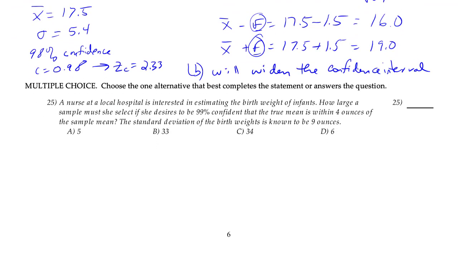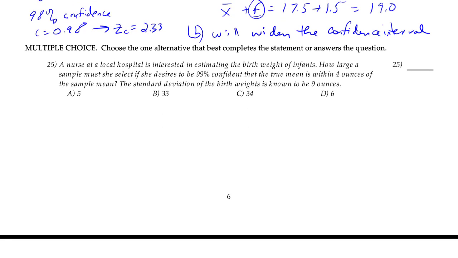A nurse at a local hospital is interested in estimating the birth weight of infants. How large of a sample if she desires 99% confidence that the true mean was within 4 ounces of the sample mean. Standard deviation known to be 9 ounces. So let's see what they've given us here.